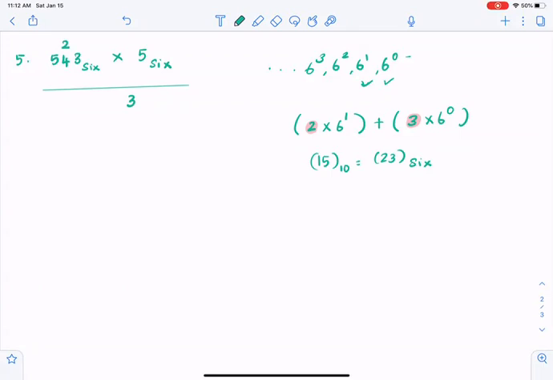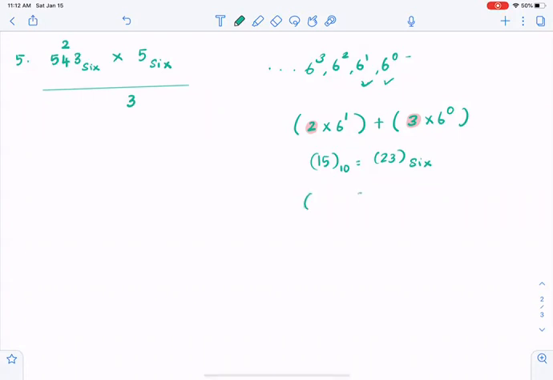So 5 times 4 is 20. Then I have 22. So 12 is less than 22, but 36 is not. So once again, we would only have 2 digits.